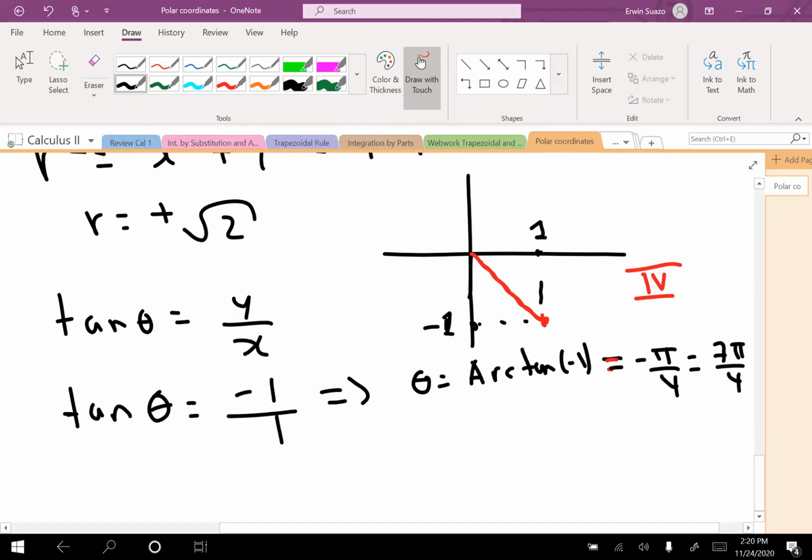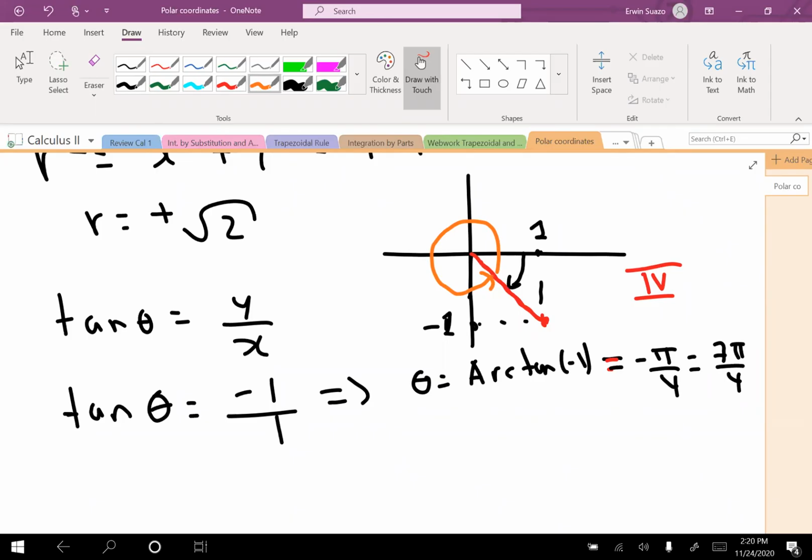So minus pi/4 is measured in this direction, and 7 pi/4 is measured all the way around. So you just use your calculator, but then you have to fix it a little bit for the sign. But it's just a calculator thing. This is pre-calculus, so you guys are familiar with that. Okay, so now we move to the real thing.